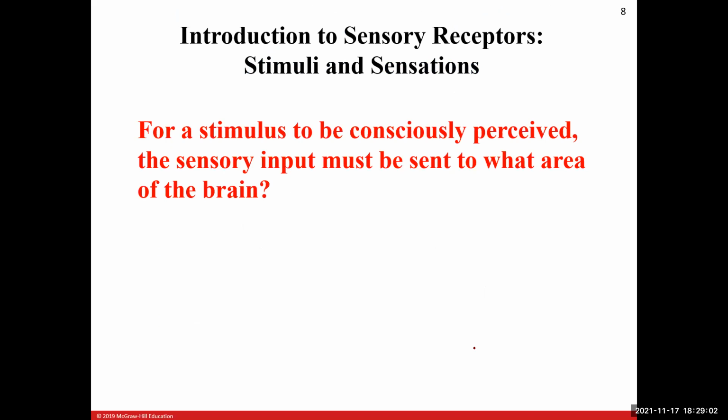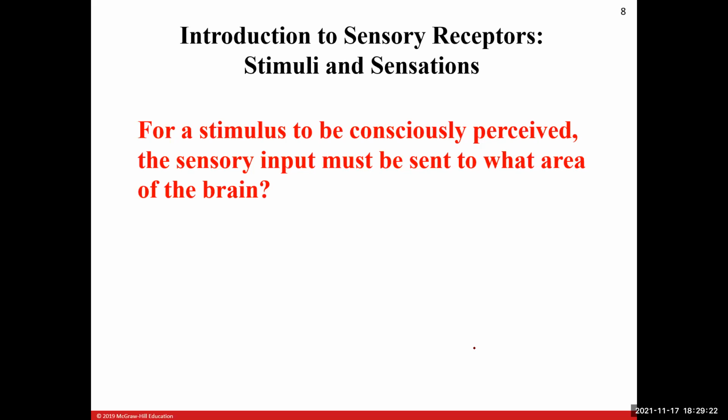So a question for you. For a stimulus to be consciously perceived, the sensory input must be sent to what area of the brain? Folks, this is a question that I'd like you to type your answer into the chat bar. So let me read the question one more time.